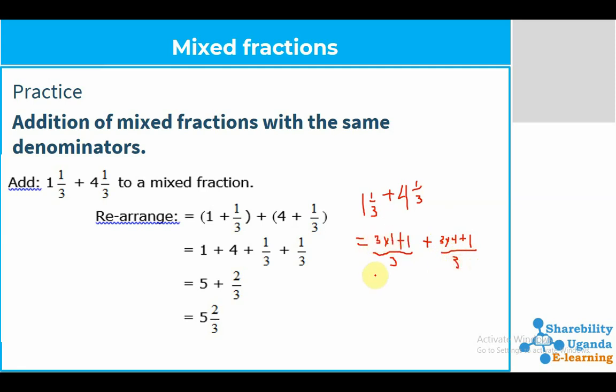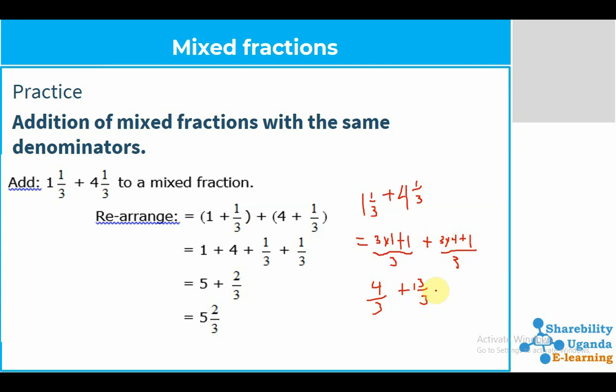So we say 3 times 1 plus 1 gets us 4, so 4 out of 3, then plus the 12: 3 times 4 is 12, plus 1 is going to be 13. So 13 out of 3.